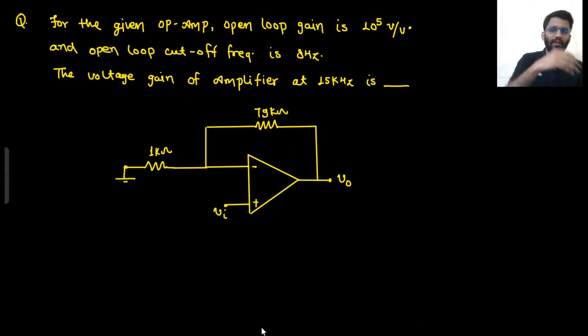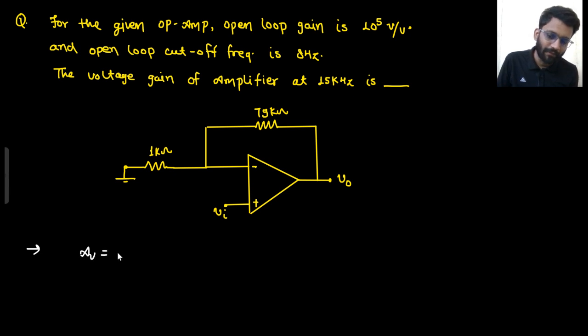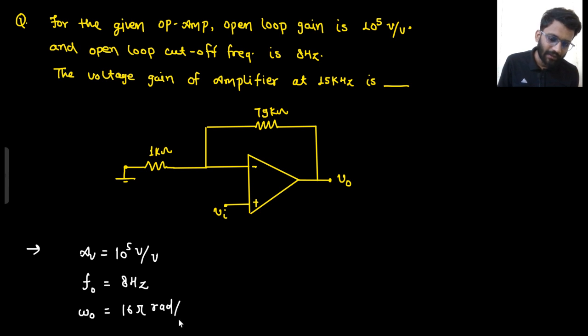Okay, so for the given OpAmp, the open loop gain is 10 to the power 5, and your open loop cutoff frequency is 8 hertz. I can write what will be my omega naught? 16 pi radian per sec.